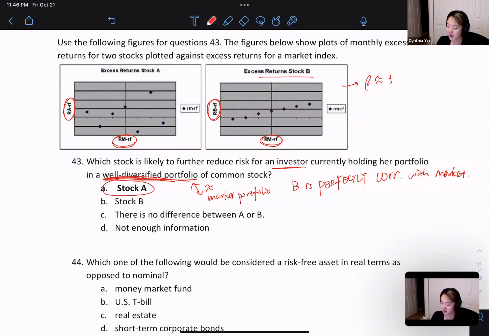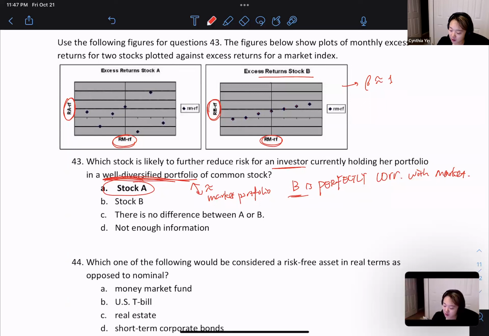It means adding B into the portfolio will not have a diversification effect anymore. Again, if you want a diversification effect, you want correlation coefficient not equal to one. The best way is negatively correlated, but at least not correlated would be helpful.